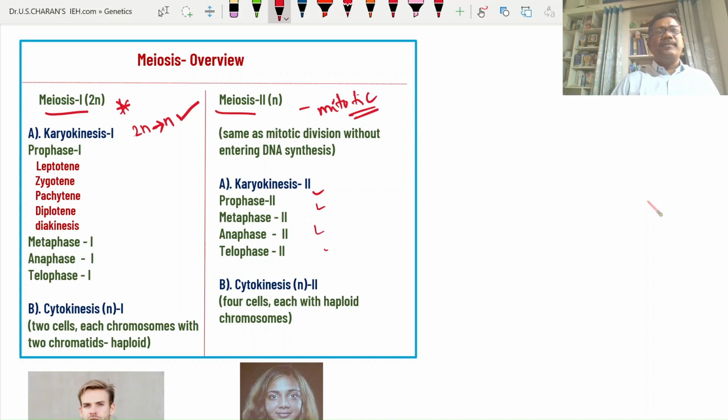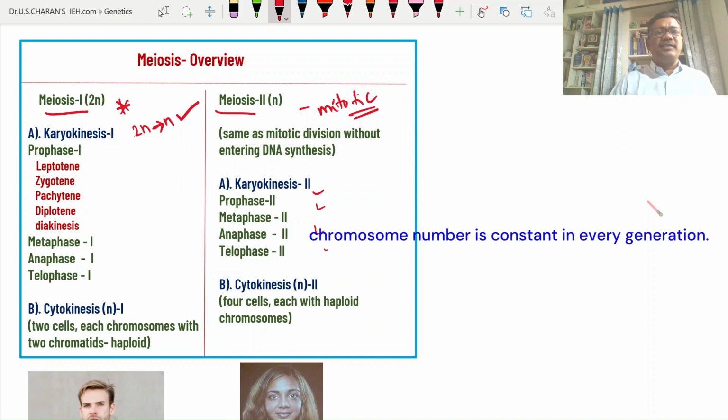Because they are going to form gametes, the gamete should contain only one set of chromosomes. The father can give one set and the mother can give one set. During fertilization, they can form the diploid organism in the next generation. So the main aim of meiosis 1, in going from the diploid to the haploid state, is maintaining the correct number of chromosomes in every generation.